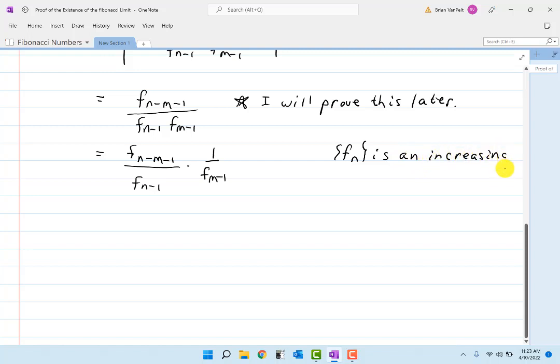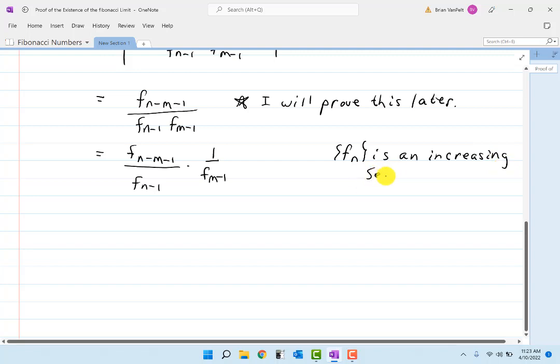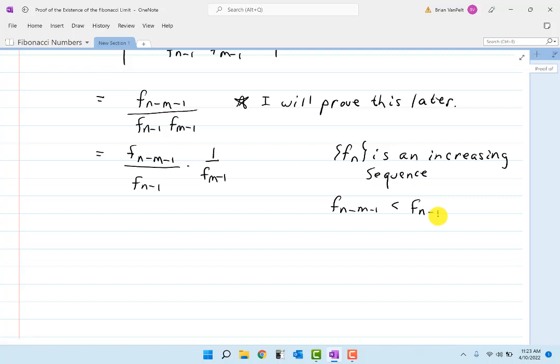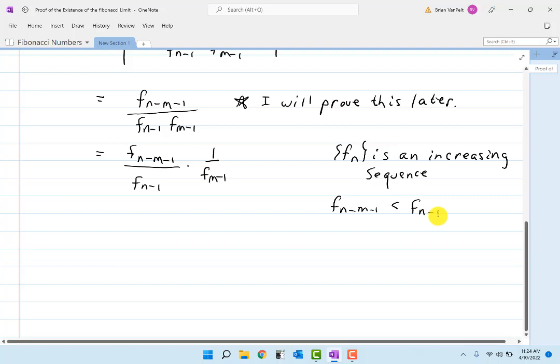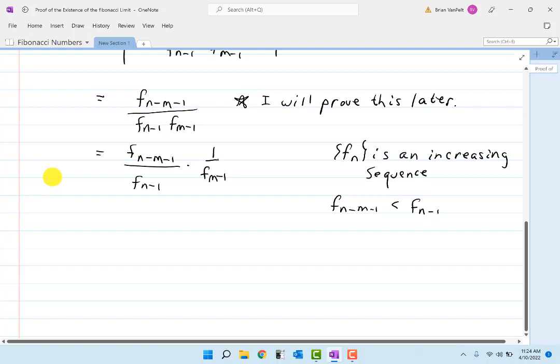That is extremely easy to see. So what that means is that f sub n minus m minus 1 is most definitely less than f sub n minus 1, because m is greater than or equal to, well, 1. And no matter what, when I'm talking about limits, I'm talking about large values of n and m anyway, so m is most definitely not zero.